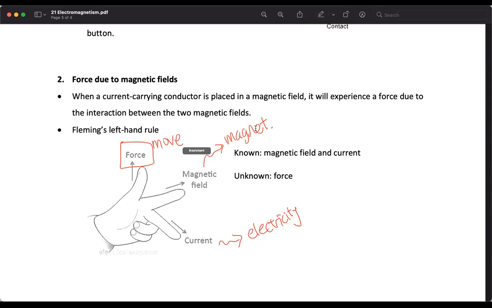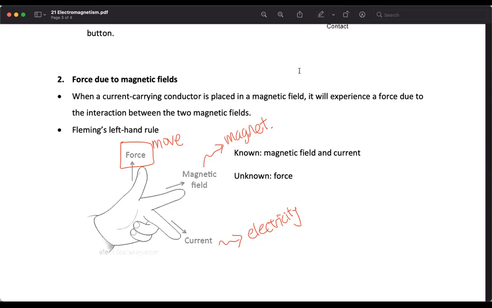You understand this idea? With a magnet and electricity, we put them together in the correct direction, we can result in some movement. That is the implication, the reason why you learn this topic. Because you can use a magnet to create a magnetic field, and we know that there is electricity around us, and if we bring them together, we can make things move.